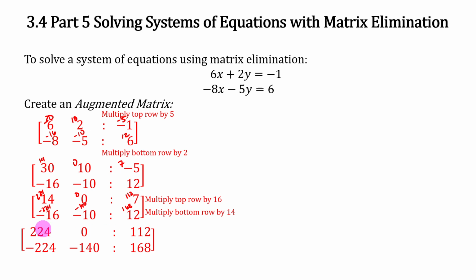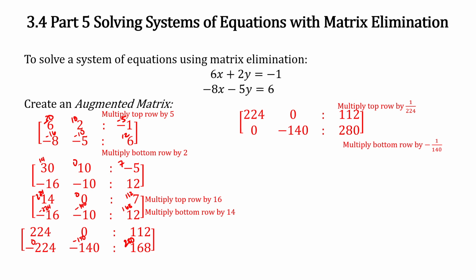I'm going to add them up. So 224 plus negative 224 gives that 0. 0 plus negative 140 is negative 140. 112 plus 168 is 280. And now we're going to multiply by the reciprocal, or essentially you're going to multiply the top row by 1 over 224, which just means divide everything by 224.